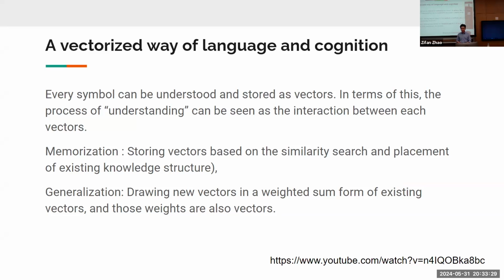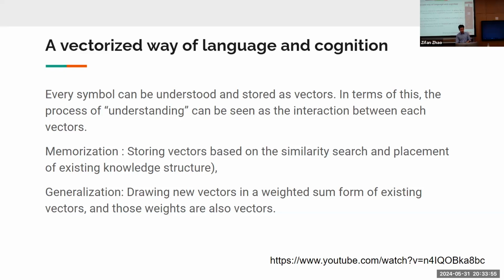In terms of this, the process of understanding can be seen as the interaction between those vectors. For those who know the definition of vector space, this might be easier, but if you do not know it, you can simply view it as a 3D coordinate system as you studied in high school, where vectors are placed in that space.